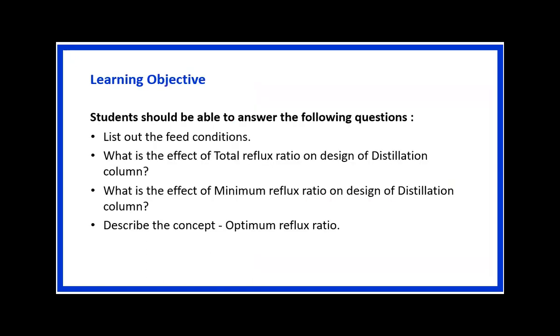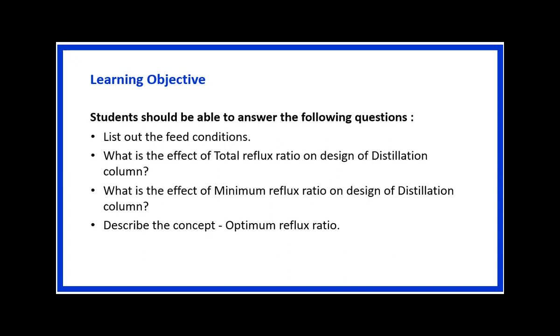So let us discuss what exactly the objectives of this presentation are. After this presentation, students must be able to list the different feed conditions with the values of small q. Then, what is the effect of total reflux ratio or minimum reflux ratio on the design of a distillation column?